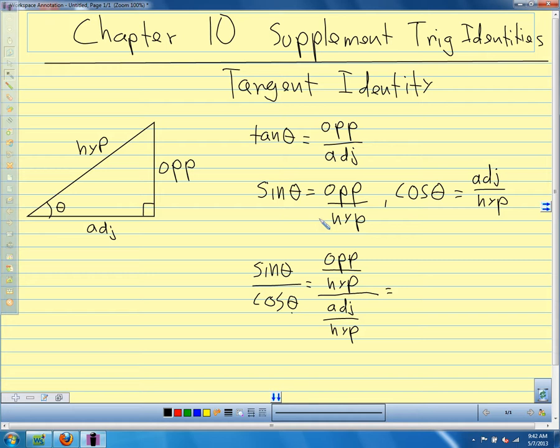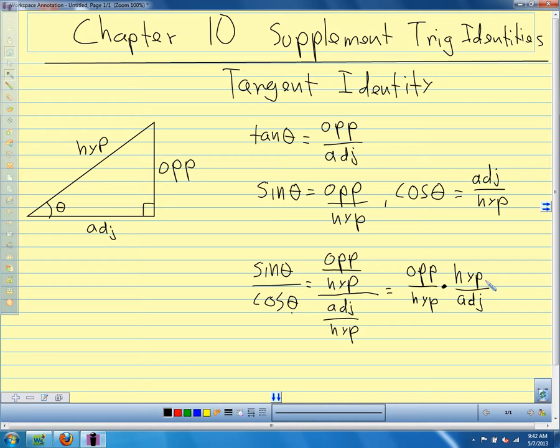And if you remember, I don't know if some of you might have learned it, copy dot flip. So you copy the top, you write a dot for our multiplication, and then we flip the bottom. So dividing by this fraction is the same as multiplying by its reciprocal.